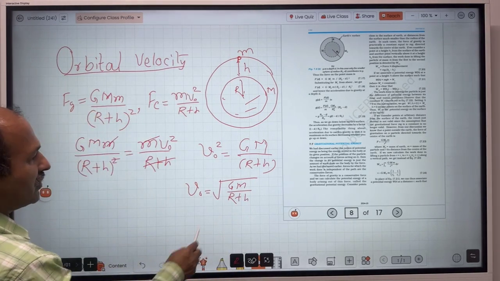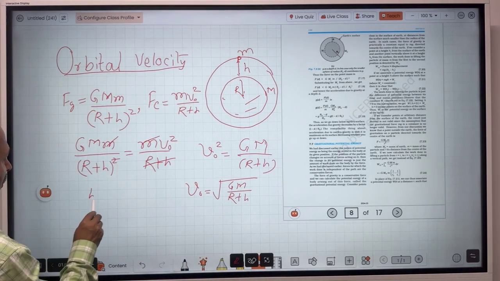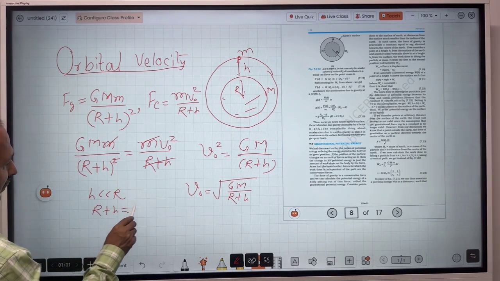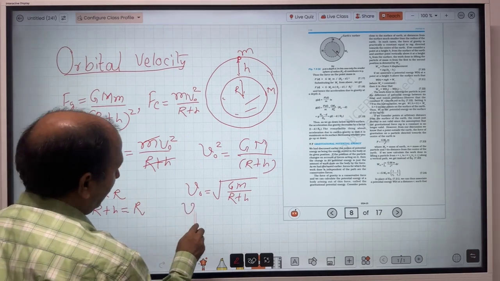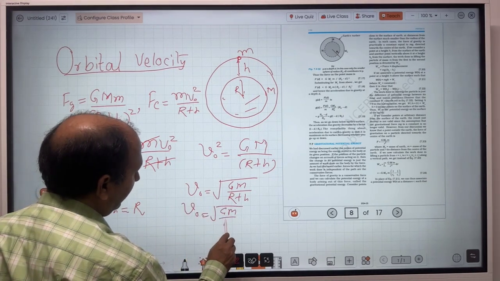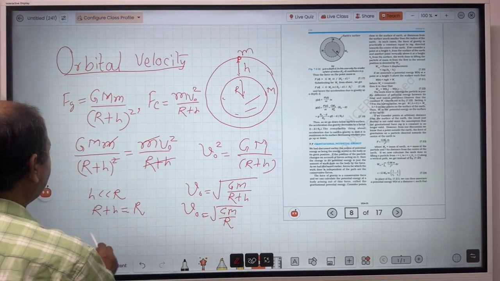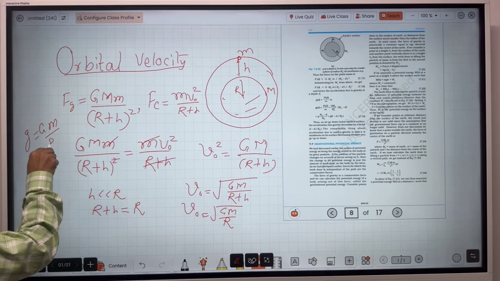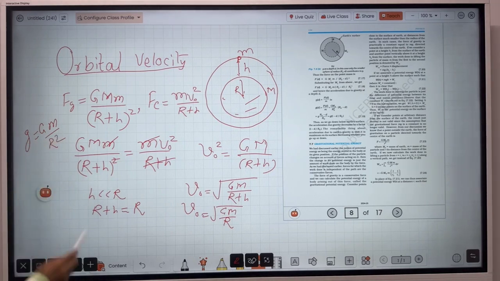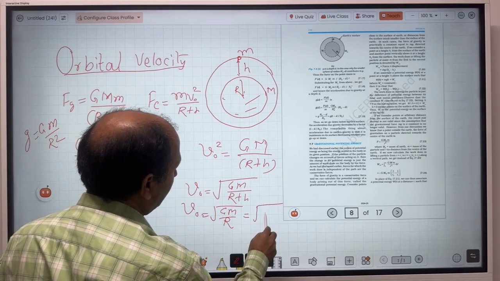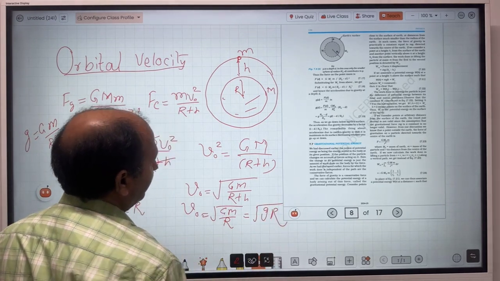Here again we use the approximation that h is less than R. In that case R plus h will be equal to R. So our relation becomes v0 equal to root of GM divided by R. If you remember, small g is given by GM divided by R square. So if we put that value over here, this becomes root of gR.